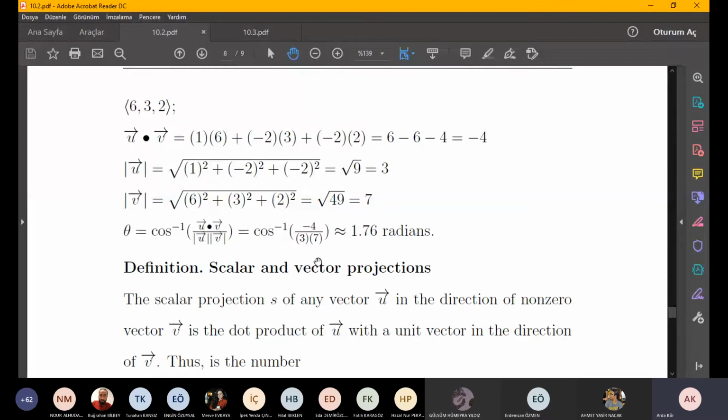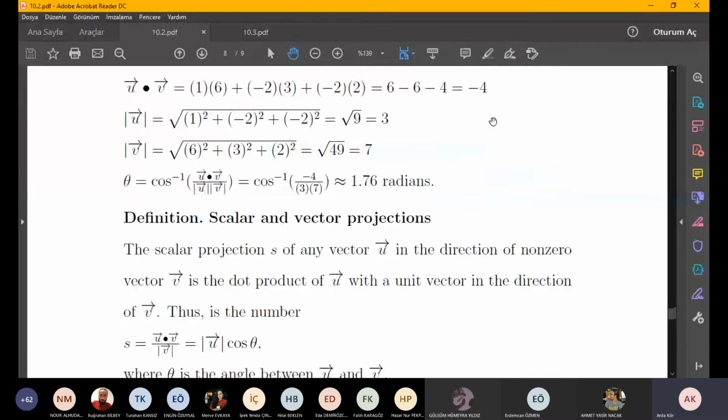So always keep in mind that with the scalar product, you always need to find a scalar. If you find a vector, that means you did something wrong.